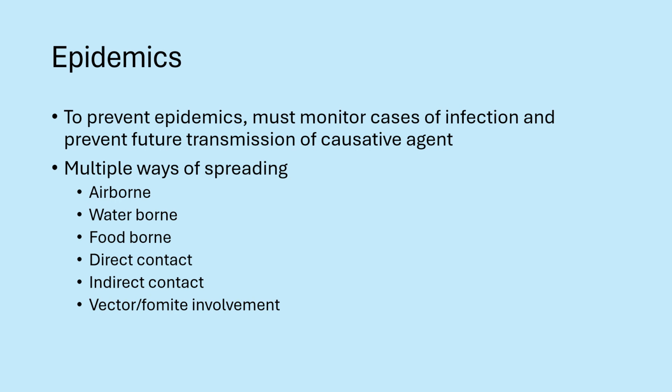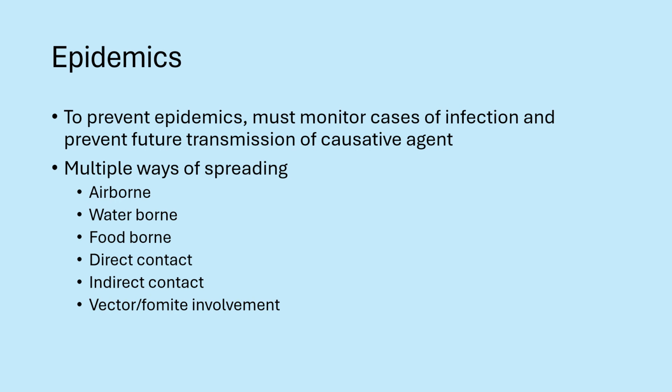Somebody who is sick touches the money and hands it to someone else, or maybe you pay for an item, and then another person receives that money and touches it. Depending on how long the microorganism can survive on an object like a dollar bill or a coin, things may pass that way.